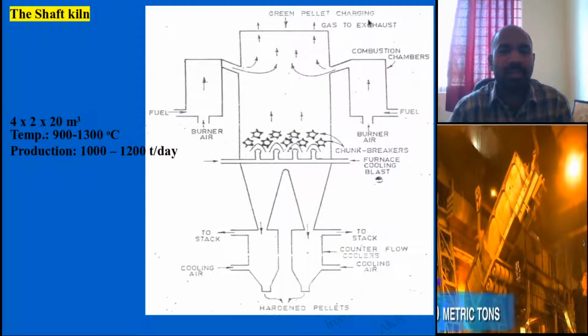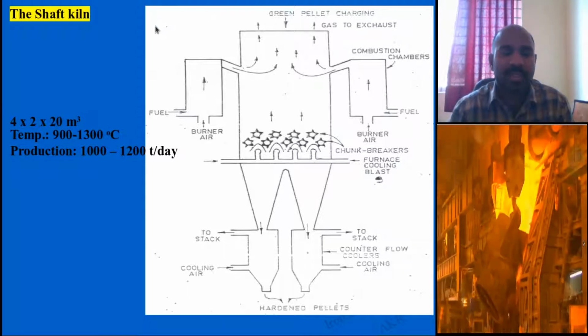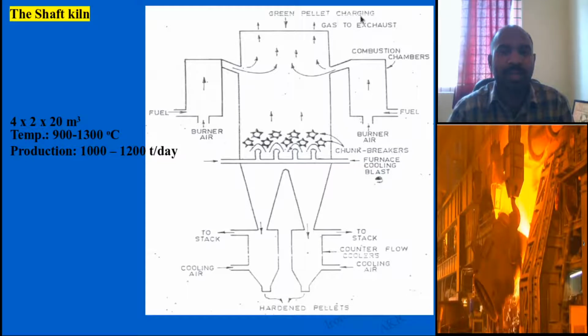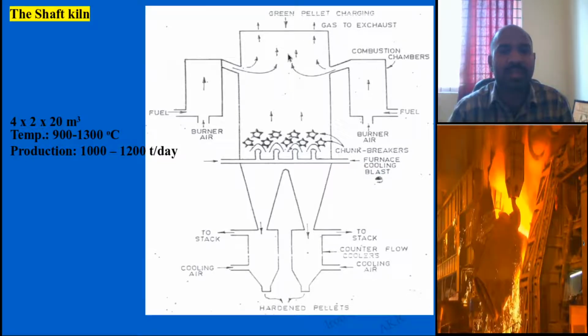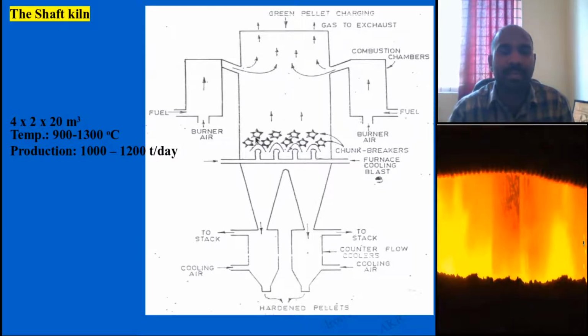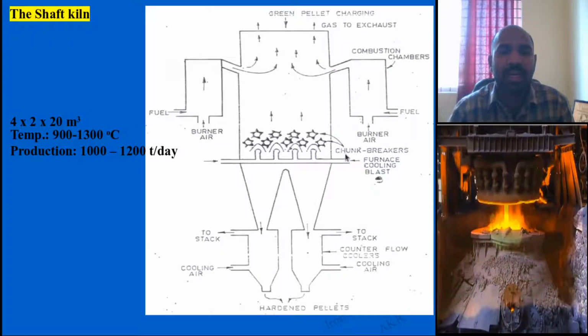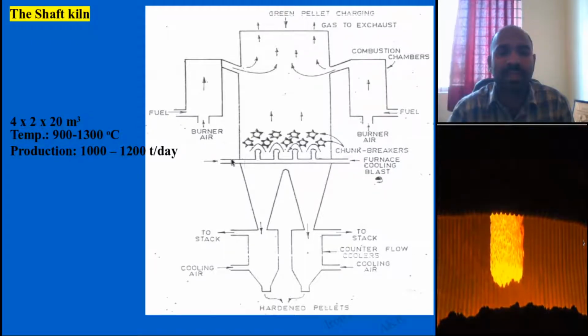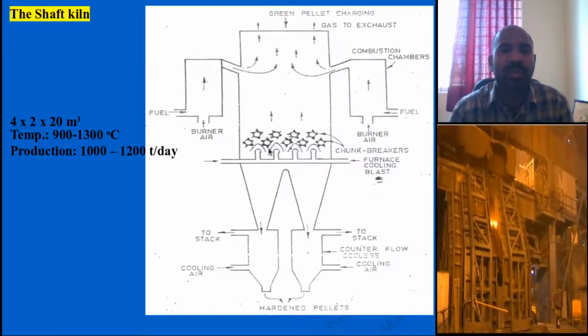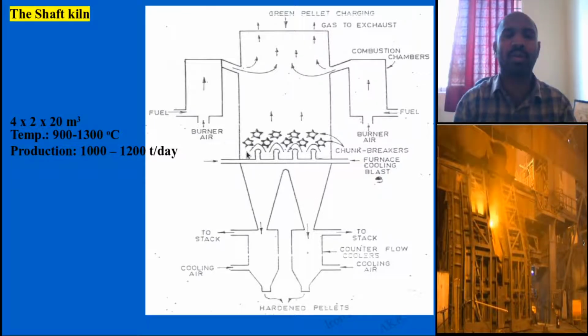Two of them are used, one on either side of the shaft, and from the top you feed green pellets. After the disc or drum pelletization process you will be getting the green pellets. Those are charged from the top, and these green pellets pass through a grate kind of chunk crusher which rotates and has chunk breakers.